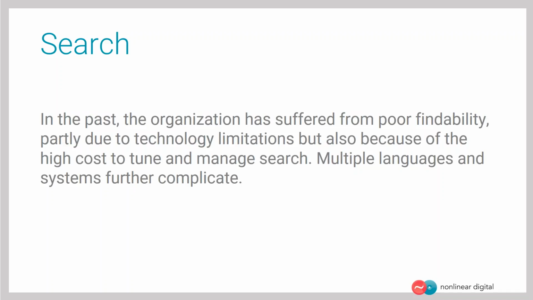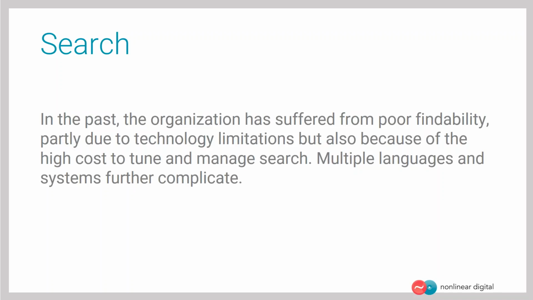But where this really comes to is what most customers will tell us: we've tried to do search in the past. Findability was kind of hit and miss. We think it was the technology, but it was also just really hard to tune and manage the search. We didn't know how, or it was too complicated. You then throw in the fact that there are maybe multiple languages in a lot of these intranets now, and that expectation that the search encompasses multiple systems.